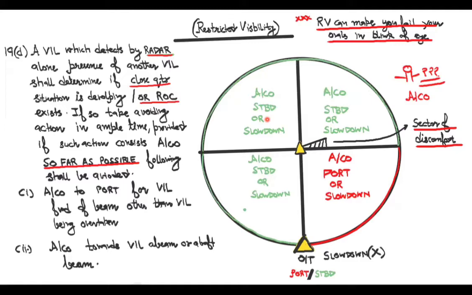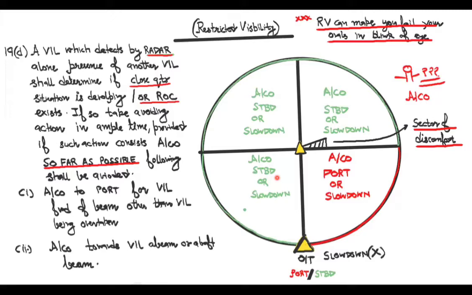Now I'm going to the second part. It says alteration towards a vessel abaft the beam. So if I am coming in this sector, and in that sector where I've just moved the red blip, clearly that blip is indicating the position of a vessel.